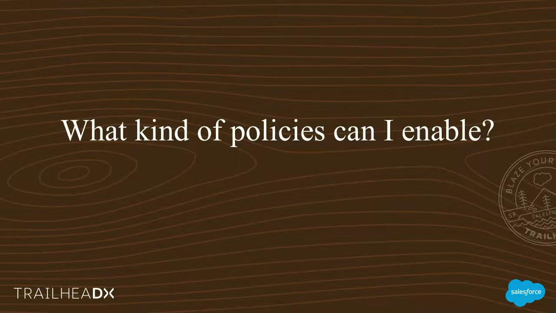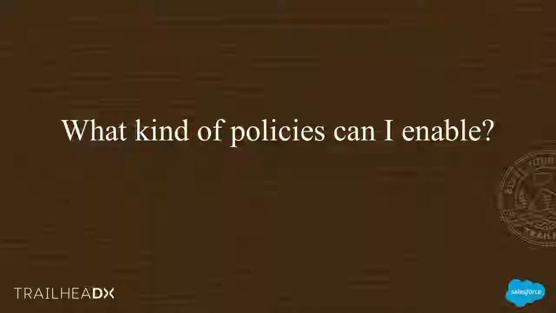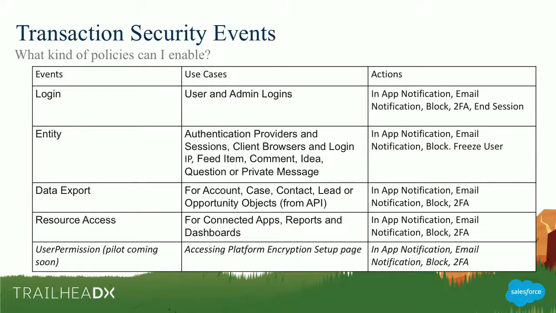So it's a good question. We have talked about the login event. What other kinds of events are available for you to create policy on? If you want to write a policy on Chatter-based events, you can use the entity event. Data export is a very popular event which lets you create policy on report export and dashboards.